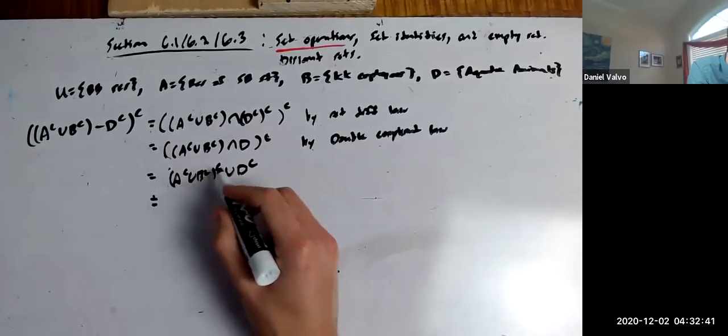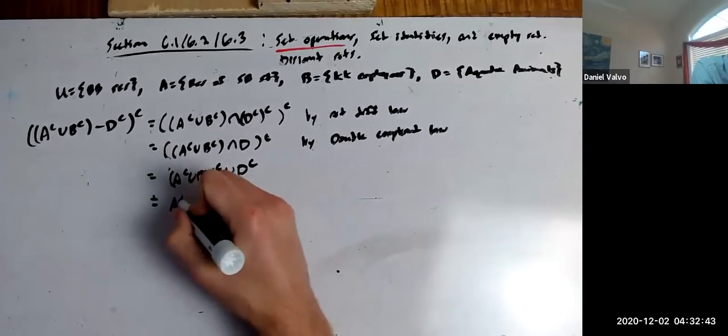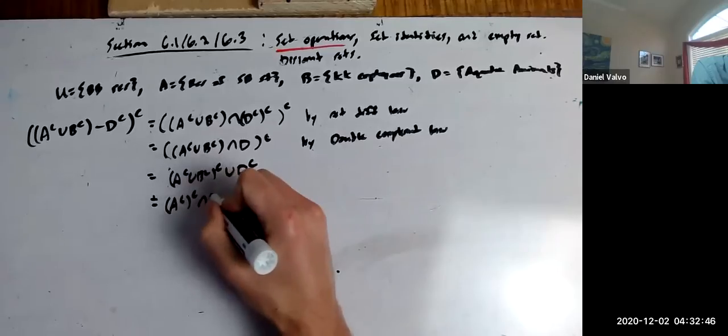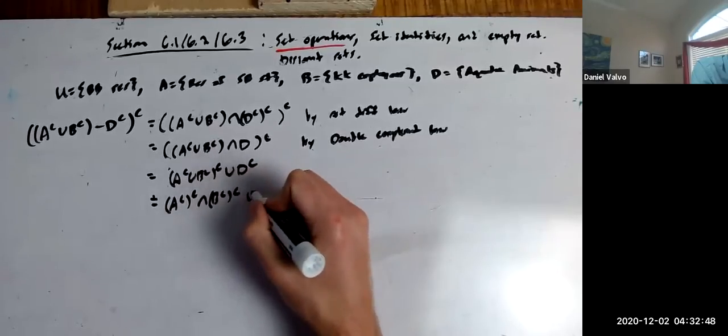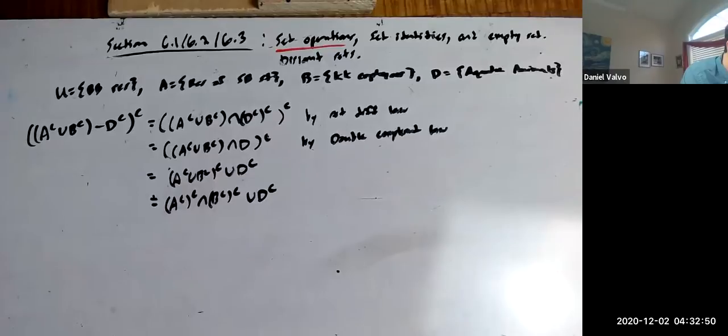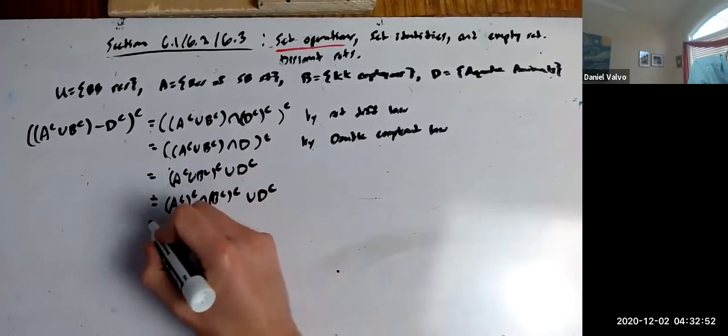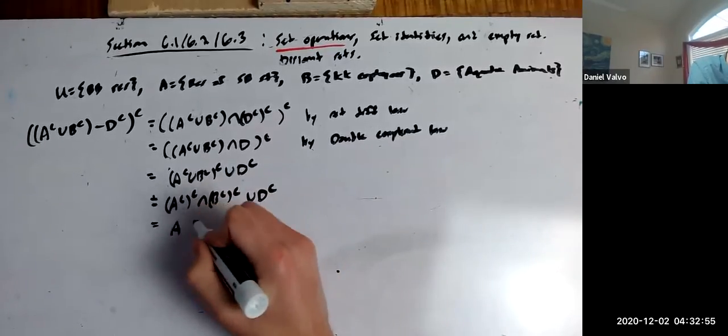But then here, I think we can use De Morgan's law again. This will be A complement intersect B complement, union D complement, distributing the complement, flipping the sign in the middle. And then a quick little double negative law.